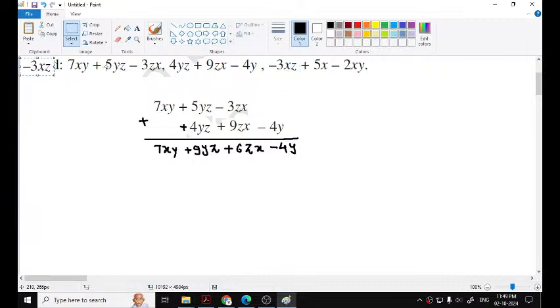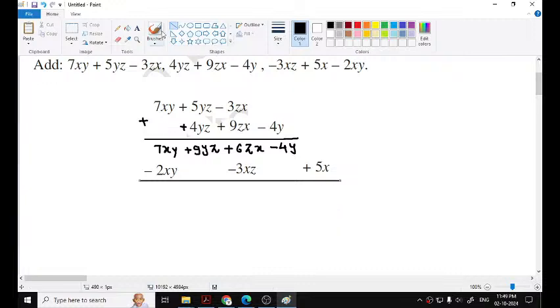Minus 3zx will be here. xz is same as zx. Plus 5x, no like term. And minus 2xy. 7xy minus 2xy is plus 5xy because positive are more in number.